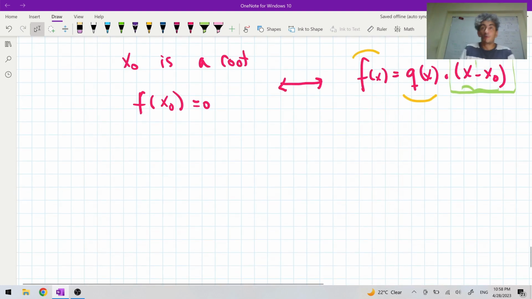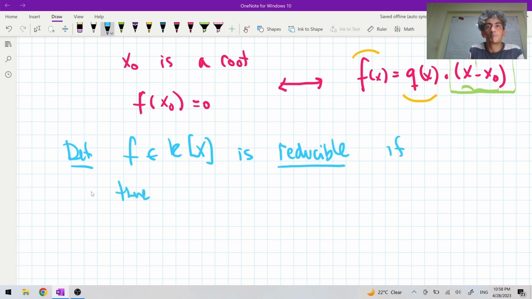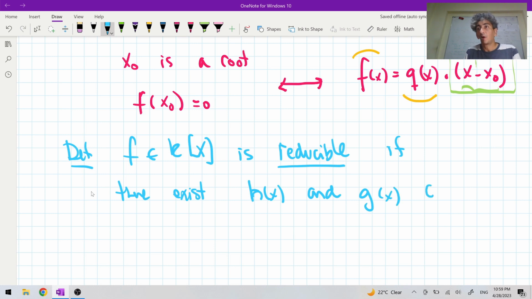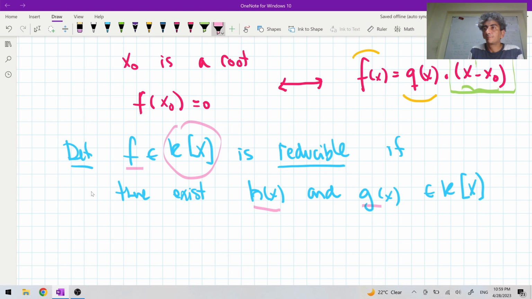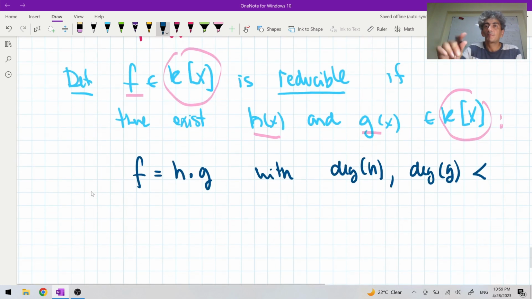We're going to write another definition, and we'll say that f in k of x is reducible if there exist two polynomials, say h of x and g of x, so f, h, and g all belong to k of x, such that f can be factored as g times h with degree of h and degree of g strictly less than the degree of f.